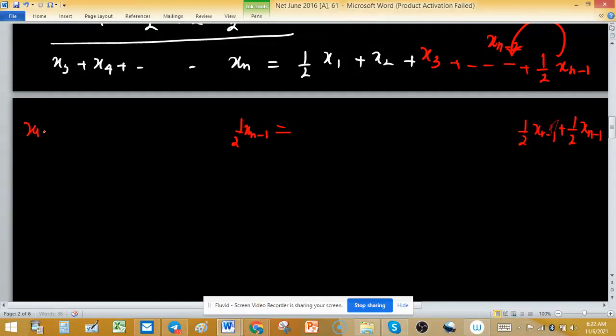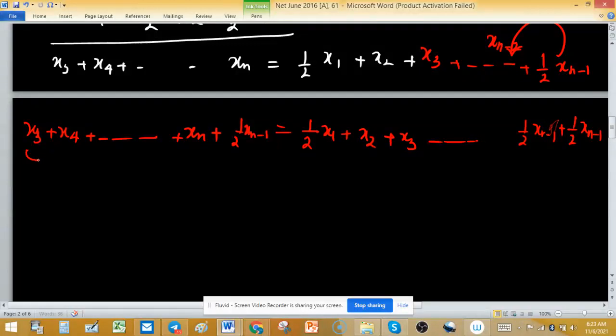So complete left hand side will be x3 plus x4 plus and so on up to xn plus half of xn minus 1, and right hand side half of x1 plus x2 plus x3 and so on.